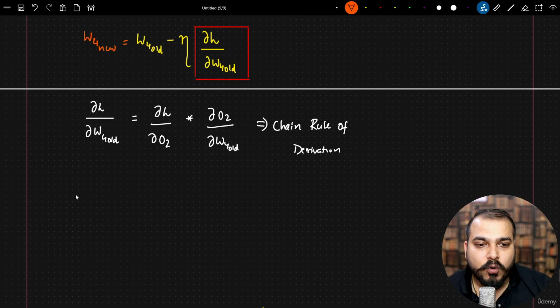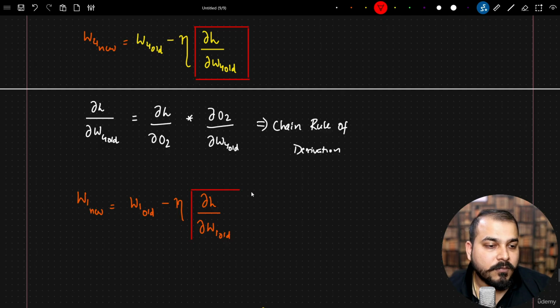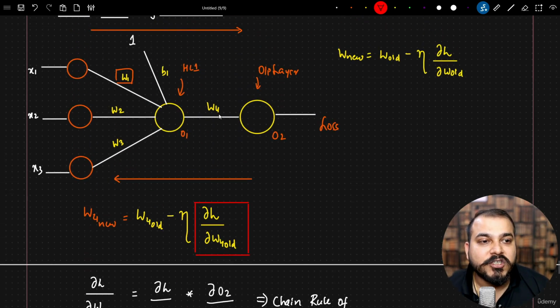With respect to W1, what will my formula be? It will be W1 new is equal to W1 old minus learning rate times derivative of loss with respect to derivative of W1 old. Now let's go back and expand this with the help of this chain rule.